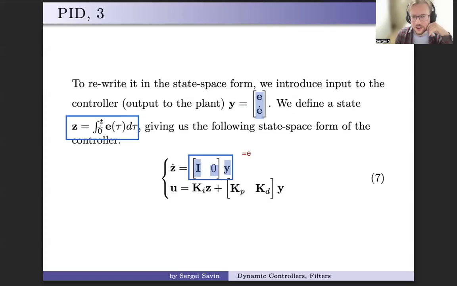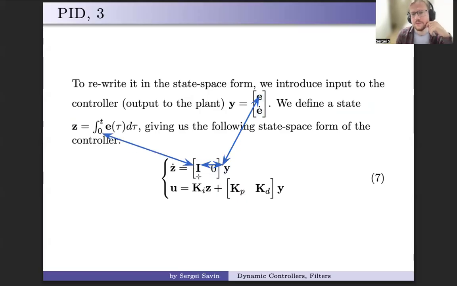If we differentiate this, we get e. The derivative of this expression would be e. And indeed, that is what we write here.